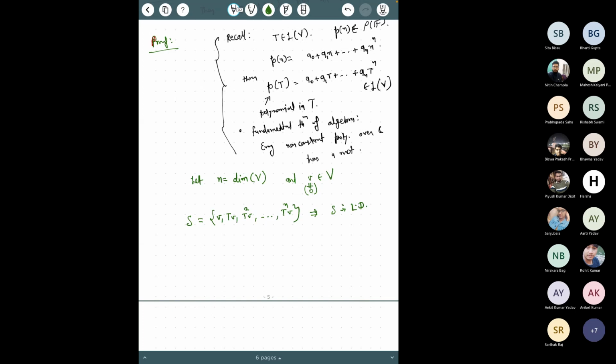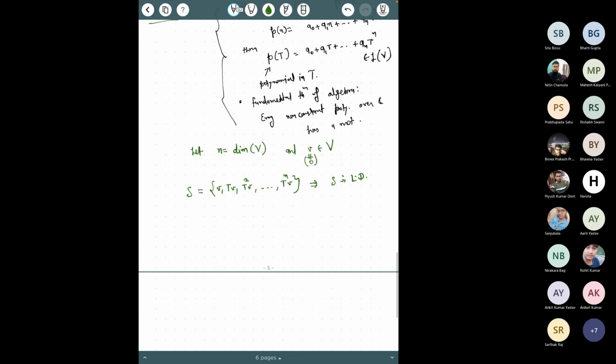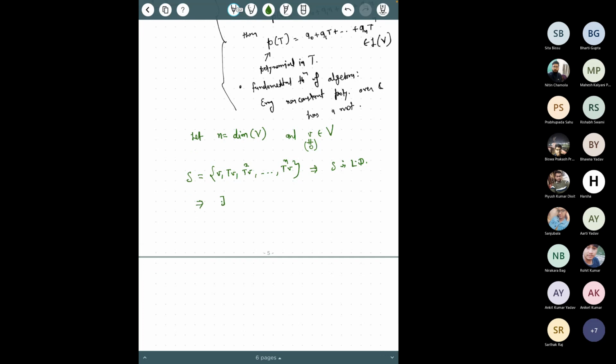If this is linearly dependent, then by definition there exist scalars a0, a1, up to an in C, not all 0, such that a0 v plus a1 T(v) plus and so on up to an T^n(v) is 0.